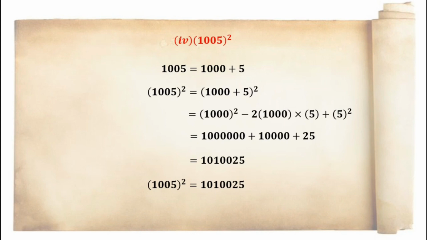So 1005 raised to 2 is equal to 10 lakhs, 10,000 and 25. Okay, like this.